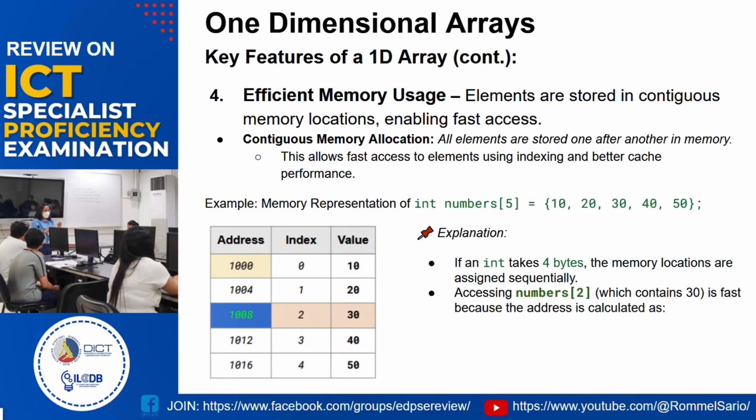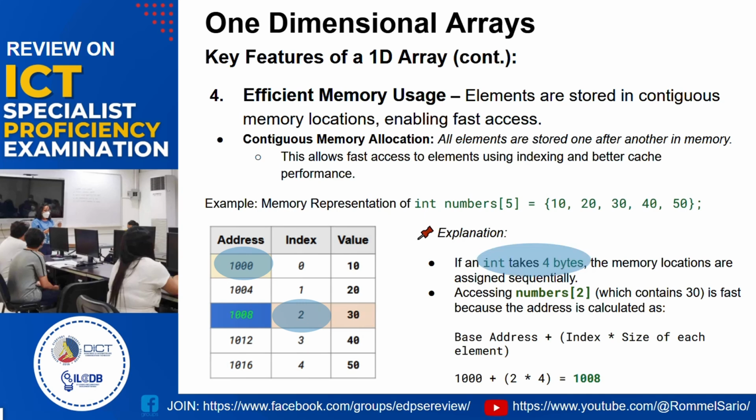Accessing numbers index 2, which contains 30, is fast because the address is calculated as base address plus index times size of each element. So here the base address is 1000, the index is 2, and the size of each element, which is an integer, is 4 bytes. Therefore, 2 times 4 is 8, plus 1000, so 1008 is our memory location.